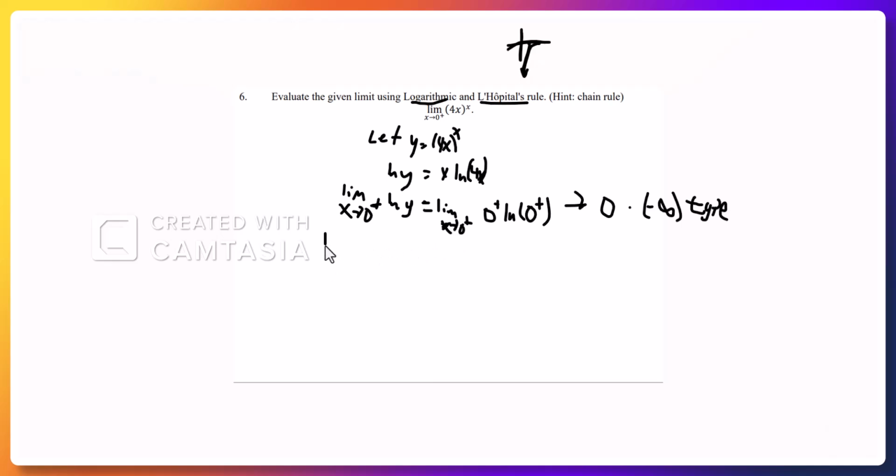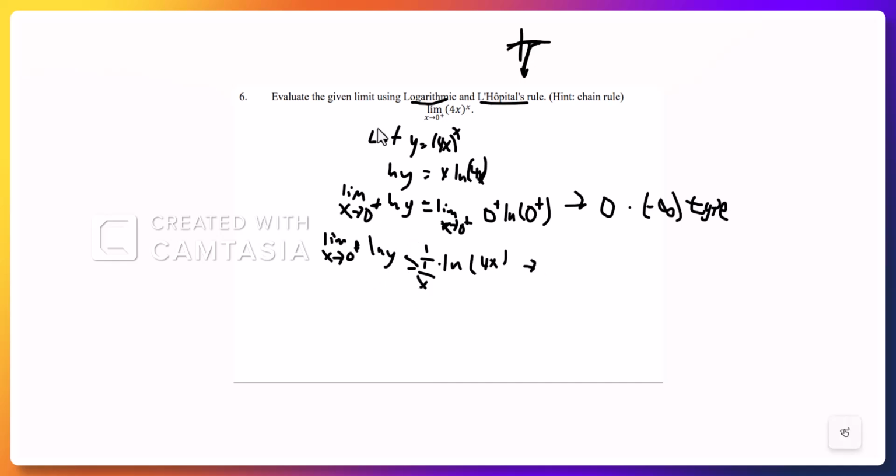So we're going to set a limit. We're not going to use L'Hopital's rule yet, but we're going to keep the y. But instead of the x, it's going to turn into 1 over 1 over x, because of L'Hopital's rule, and we're going to have it multiplied by ln of 4x.